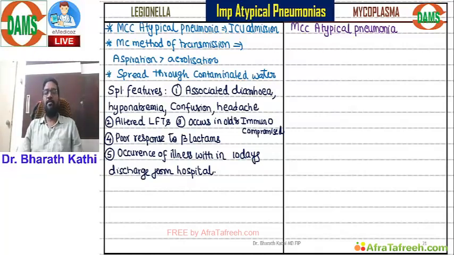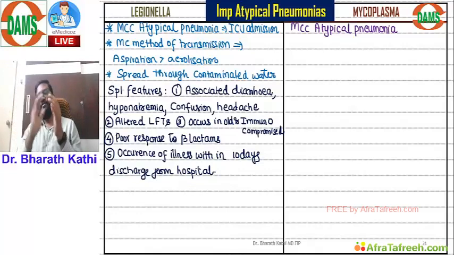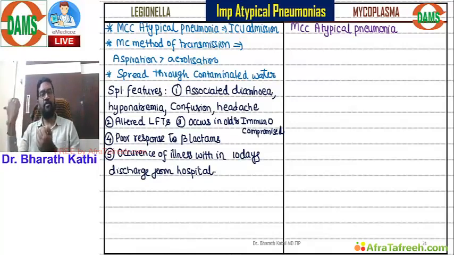So usually if it is any hospital acquired pneumonia such as gram-negative bacilli or staph, it happens within 2 to 3 days. But here, because Legionella is having a prolonged incubation period, patient might be infected in hospital. Later the pneumonia can manifest at home also. If you find this situation, one suspicion should be Legionella.